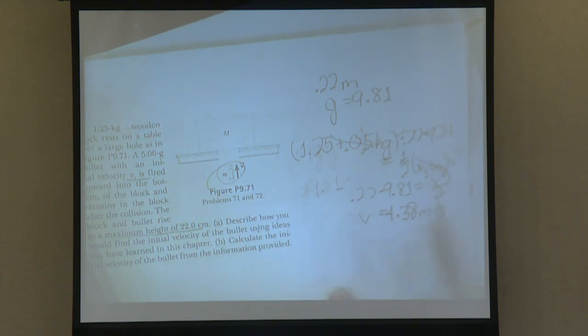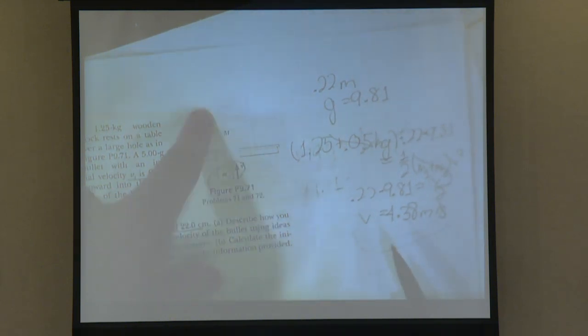So our combined final velocity is the square root of 0.22 times 9.81 times 2, which is 4.38 meters per second. That's going to be the velocity after the bullet hits the block.